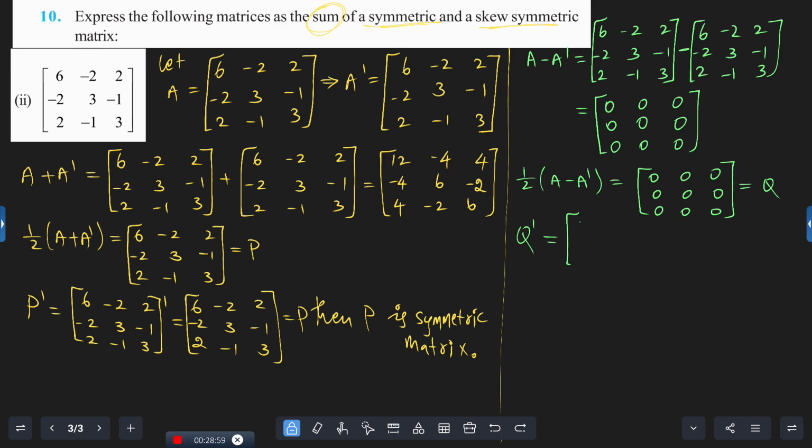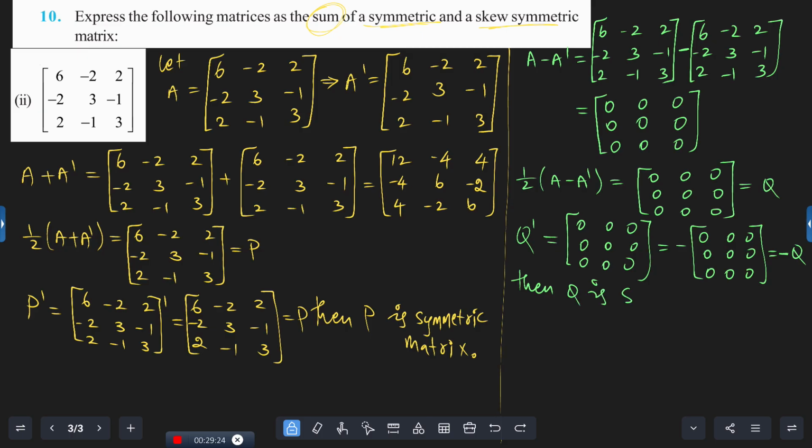If you take Q transpose now, 0 only you will be getting. If you take the negative outside also, it is equal to minus Q. So Q dash is equal to minus Q now. We will be getting that Q is a skew symmetric matrix.